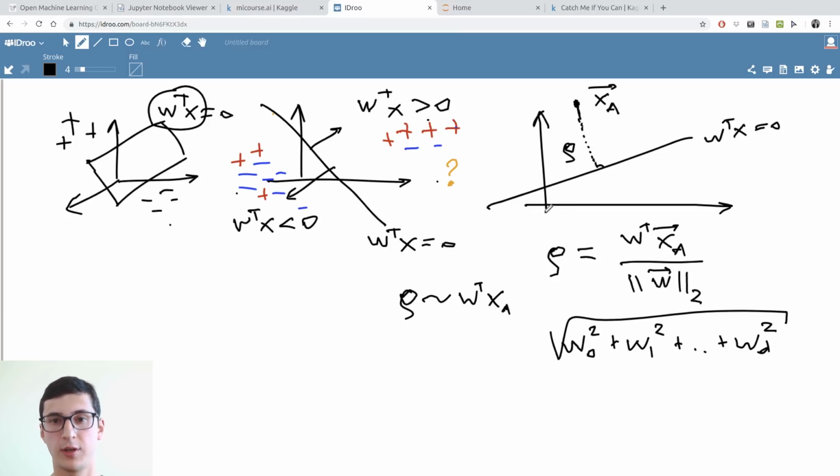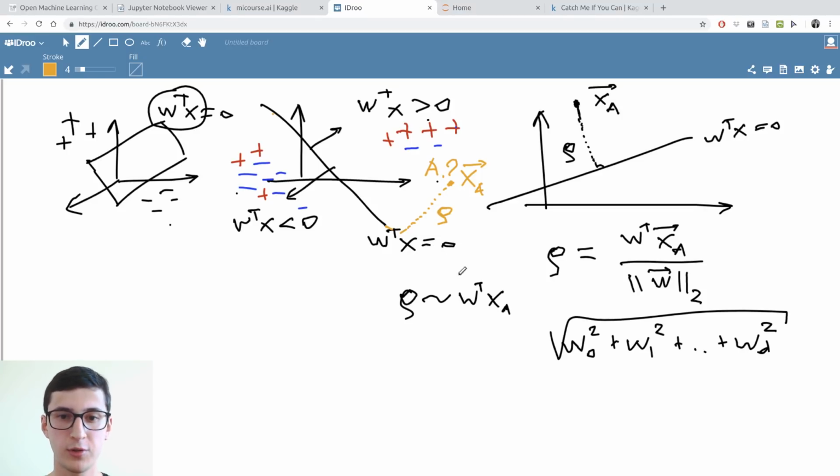Well, so this rho can actually be any real number, so it can be positive and negative. And for different points in our space, this rho is positive and negative, and according to the sign of actually this distance, we are doing classification. So for this test object that was orange, let's call it again xa, so point A with a vector xa. So we calculate this distance from point A to hyperplane, this rho.